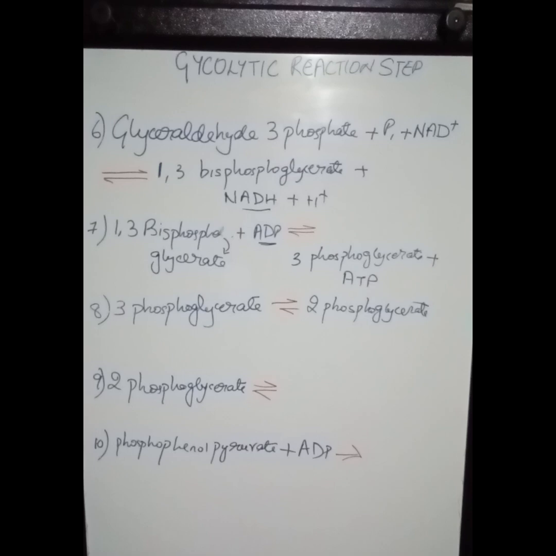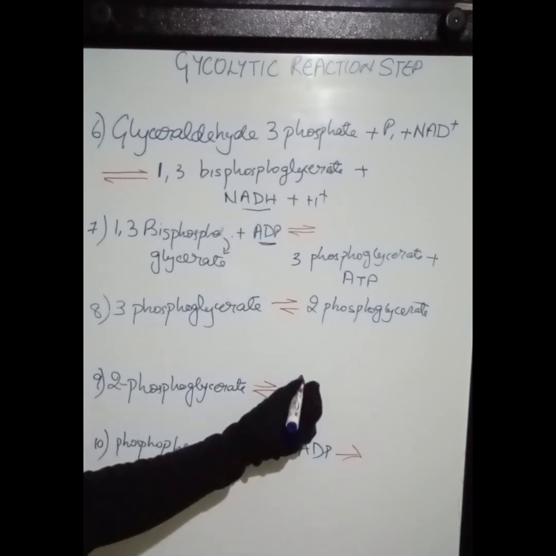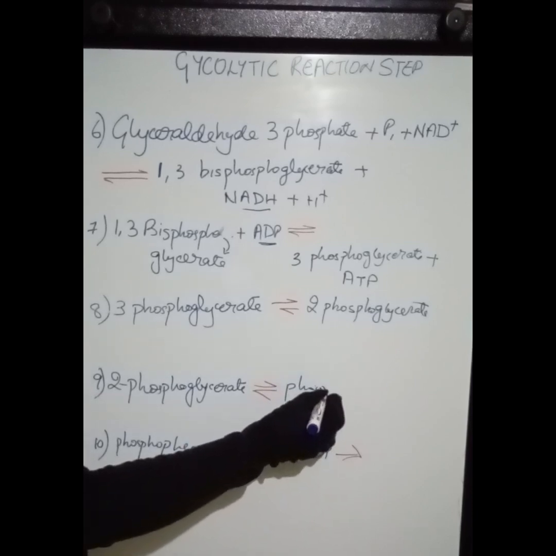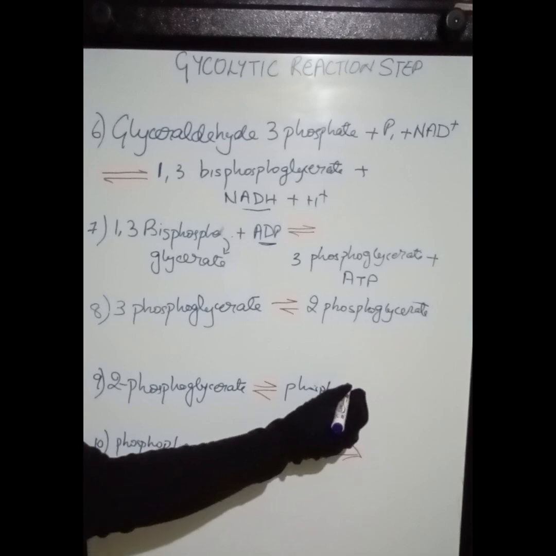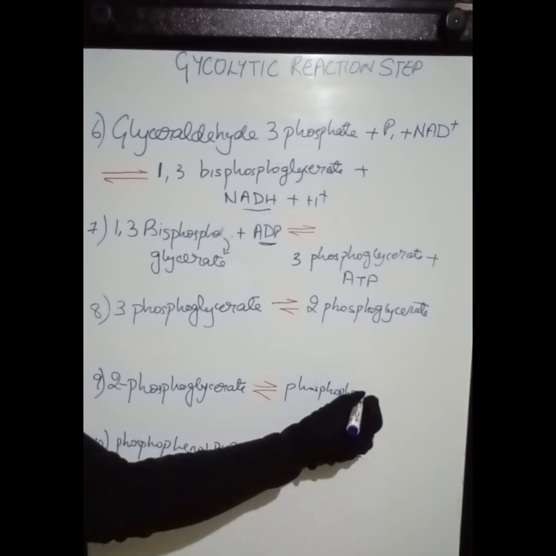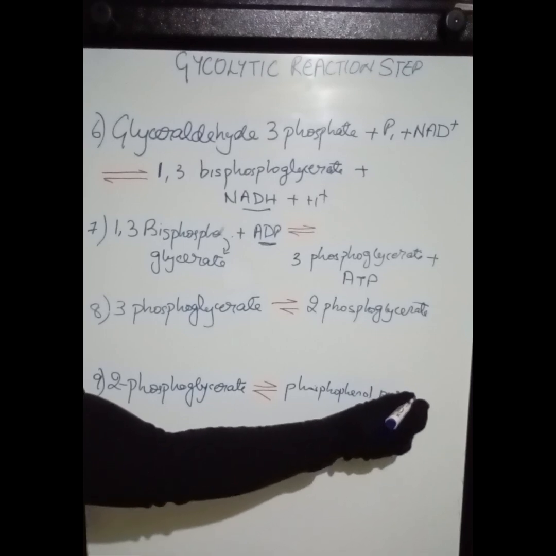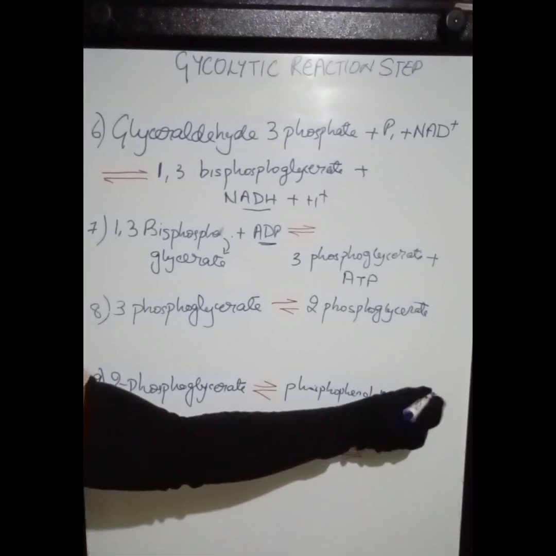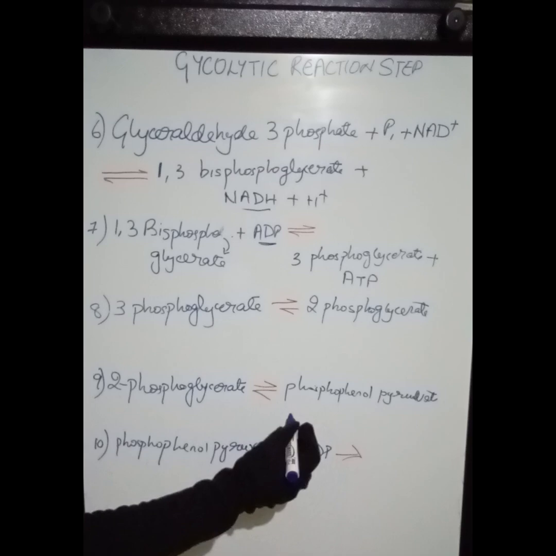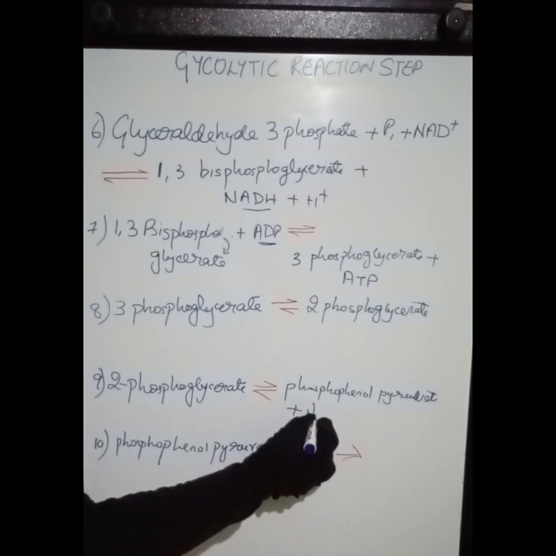Now this 2-phosphoglycerate, in the 9th step, will give you phosphoenolpyruvate plus water.